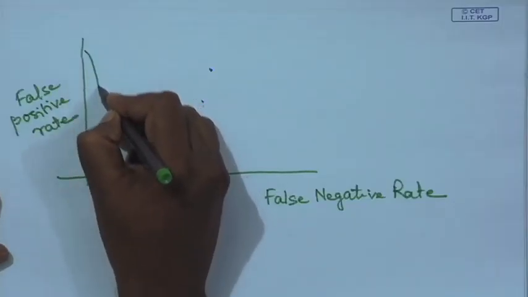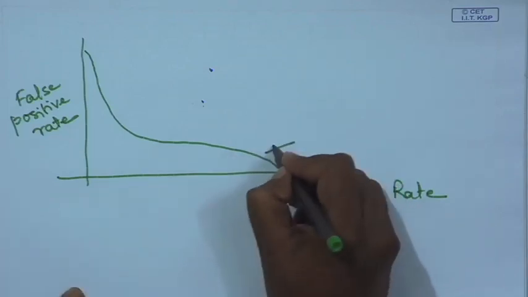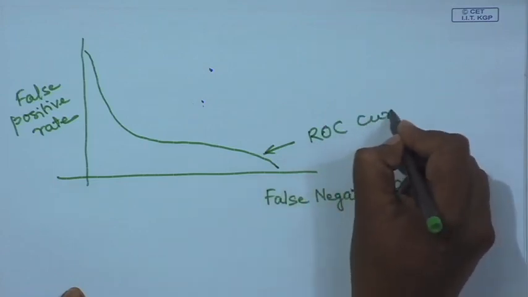Okay. So, this curve maybe looks something like this, and this is called an ROC curve or characteristic curve.